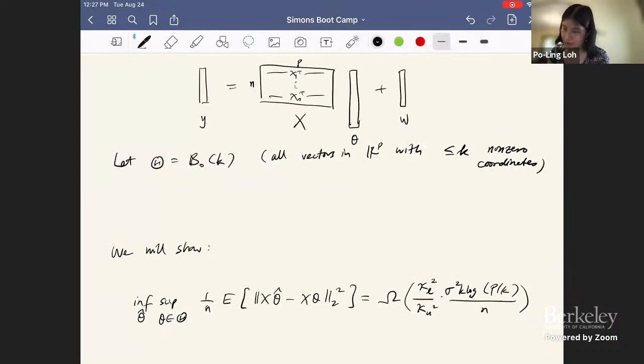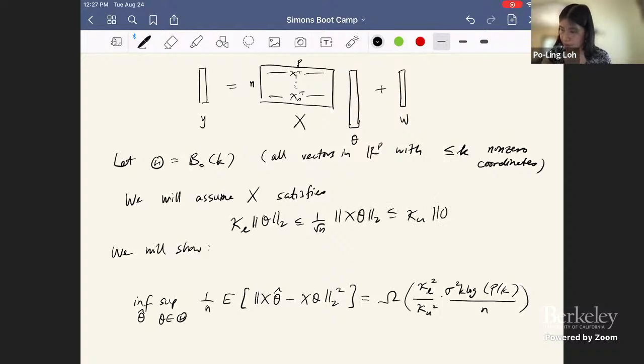So one more constraint. We will assume that x satisfies kappa L times the 2 norm of theta is bounded by 1 over root n times the 2 norm of X theta, which is bounded by kappa U times the 2 norm of theta, for all sparse vectors.